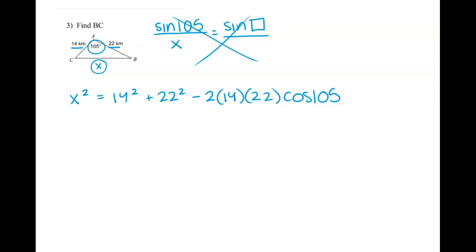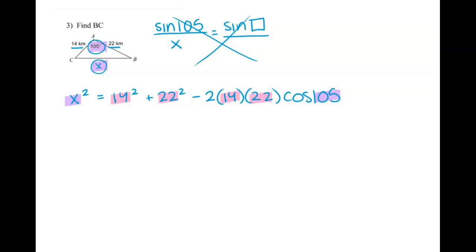Let's pause for a second. Back to yesterday. So our pair here is here, our x and our 105. And those other side lengths end up here, here, here, and here. And the 2 and the cosine are just part of the formula.